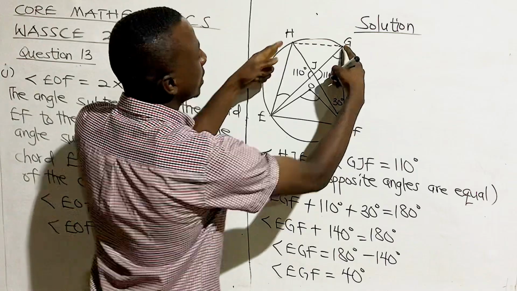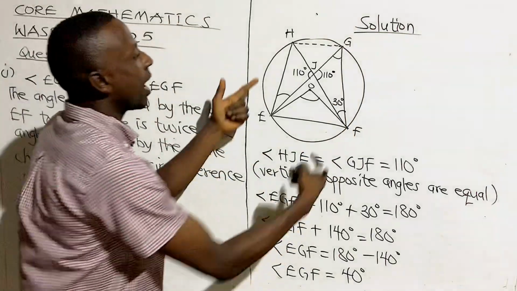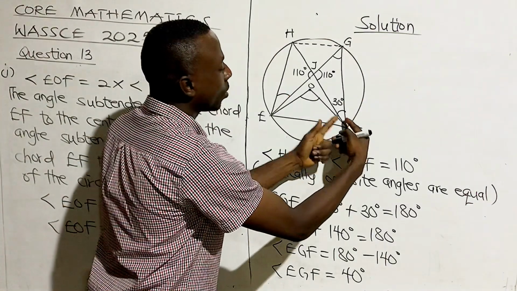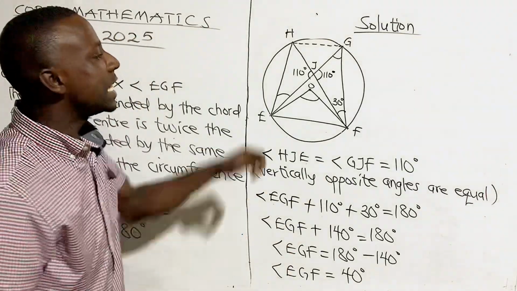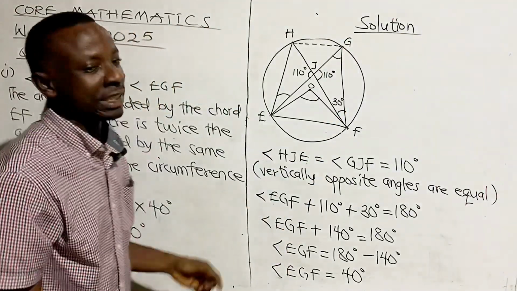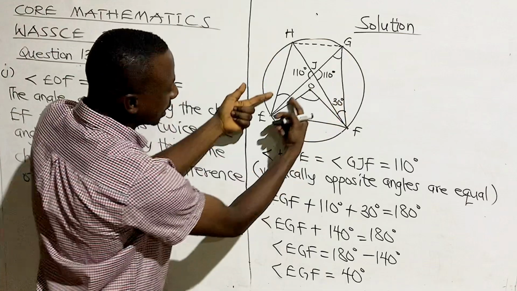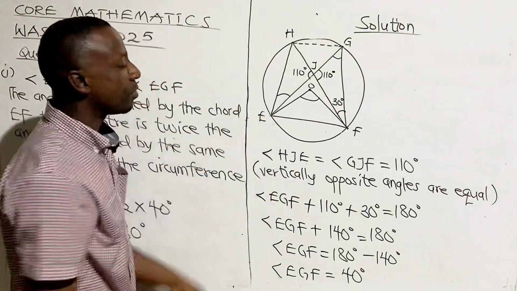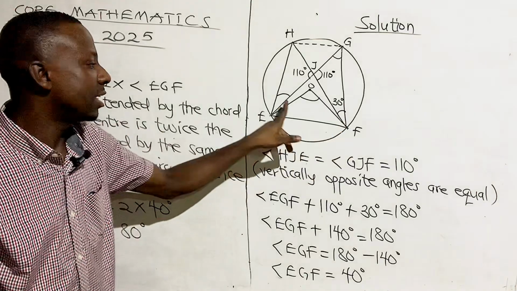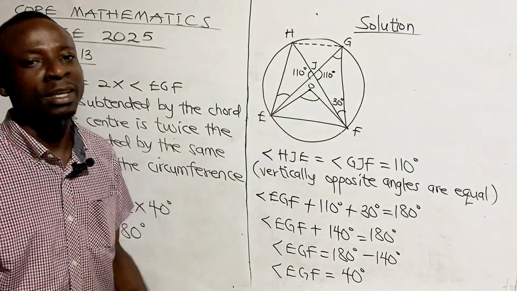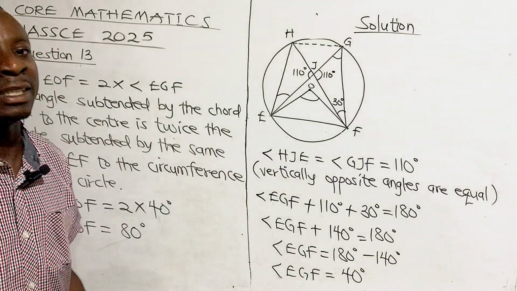So this chord HJ has been subtended an angle of 30 degrees to the circumference of the circle. This same chord, being the short dashes, has also subtended another angle to the circumference of the circle at E. So the angle here being 30 is equal to the same angle here, which will also be 30 degrees.